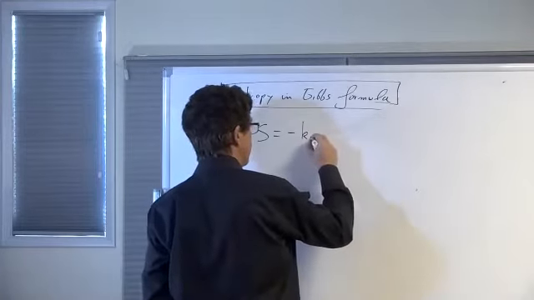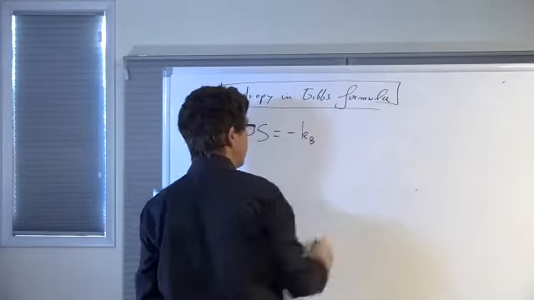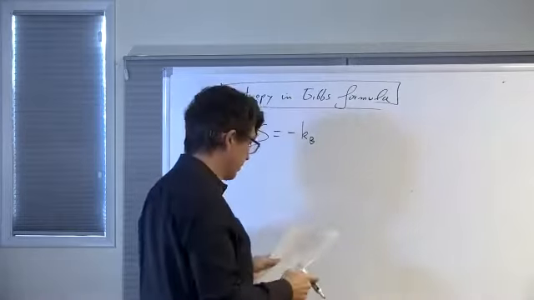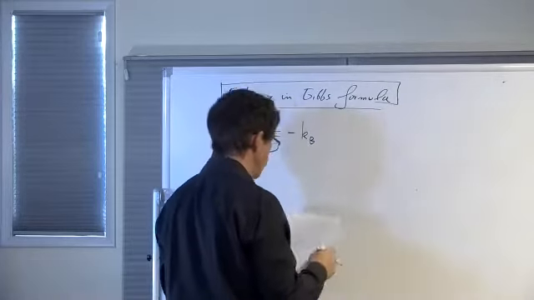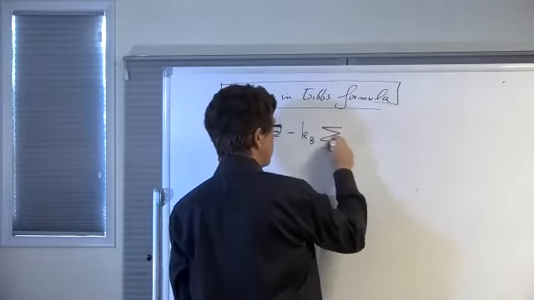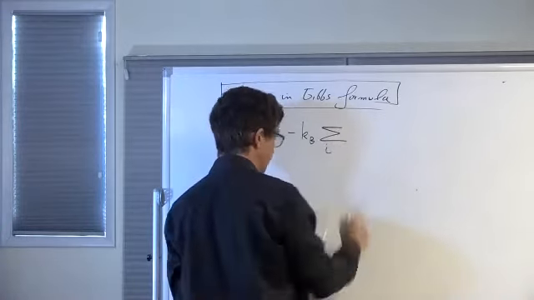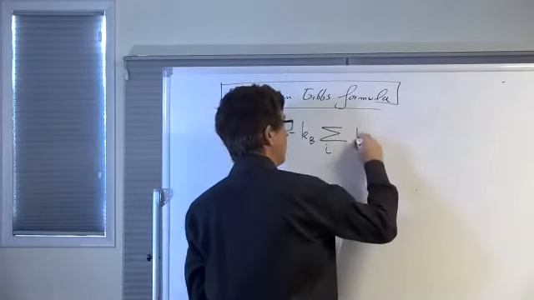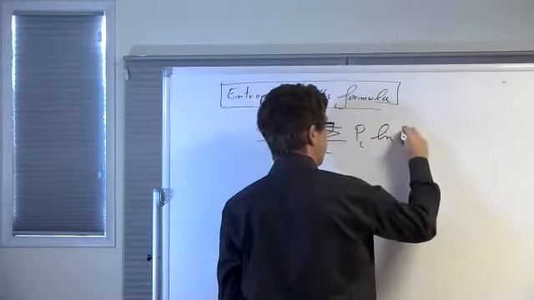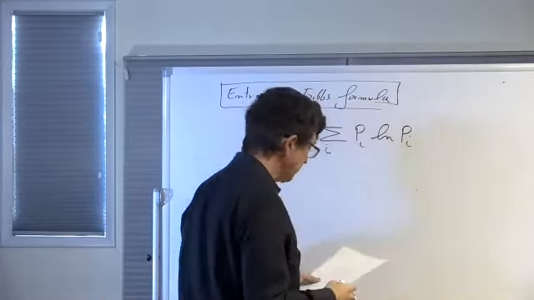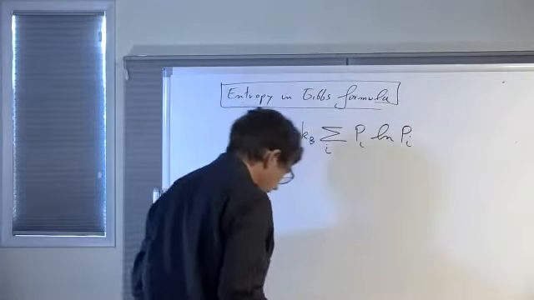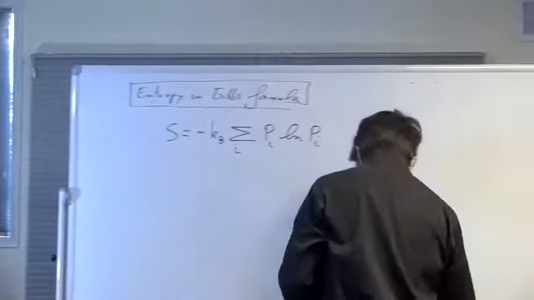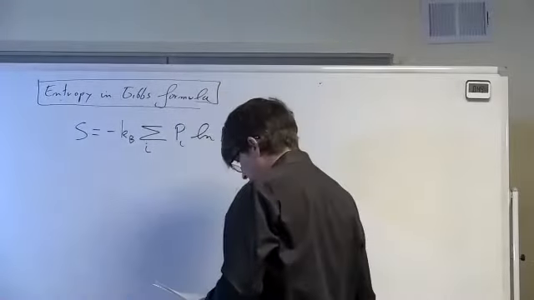Again, that's just a unit issue, right? It's stating that the fundamental units of entropy are the Boltzmann constant or the gas constant. Sum over all the states, I'll label them i here, p_i log p_i. Let me quickly prove that to you, and then I'll do some useful things with that.